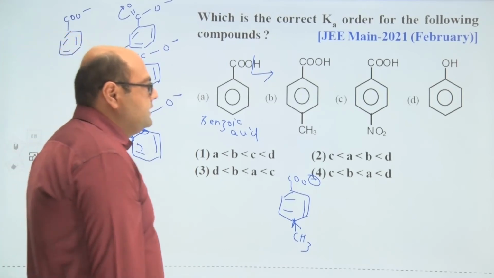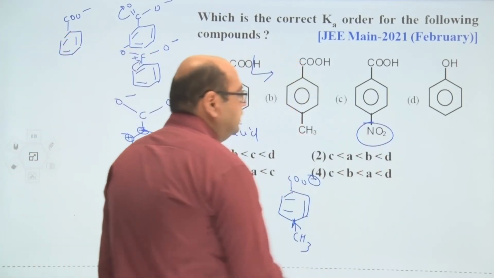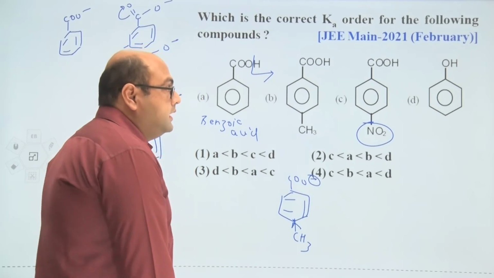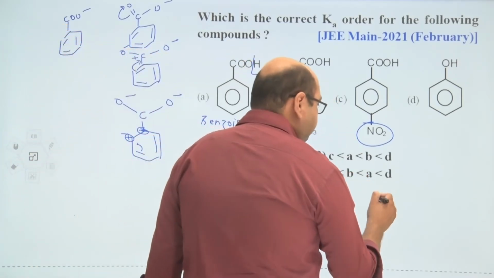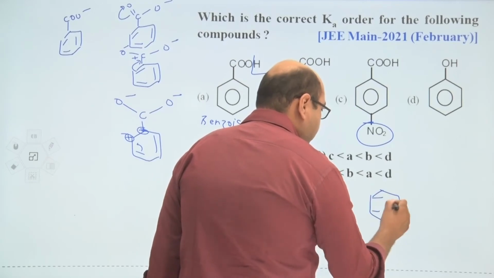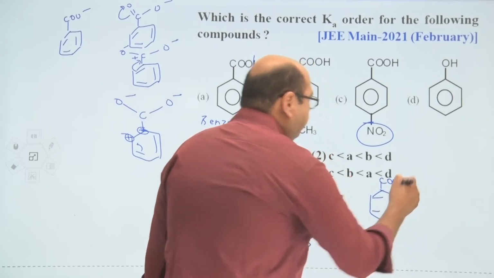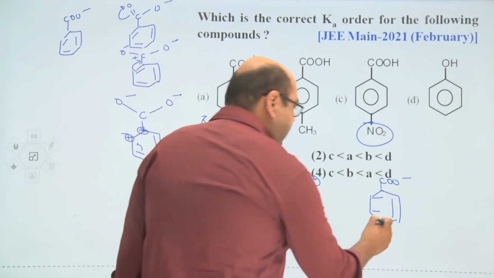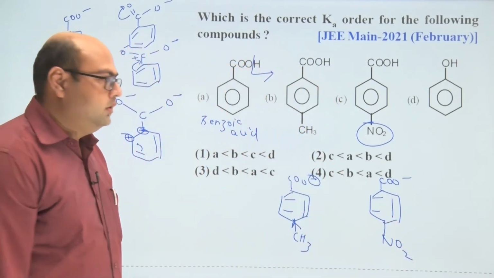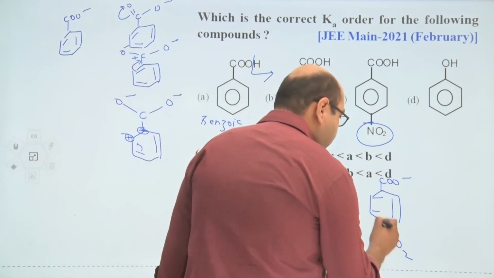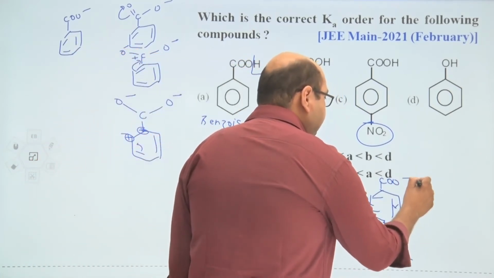In the third option, we can see a nitro group. Nitro group is a strong electron deactivating group. So in the third example, if CO minus is formed, then what will happen? It will experience an electron withdrawing tendency from NO2, due to which this charge will slightly decrease.